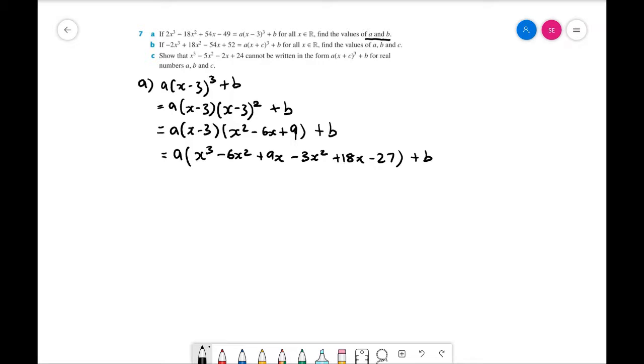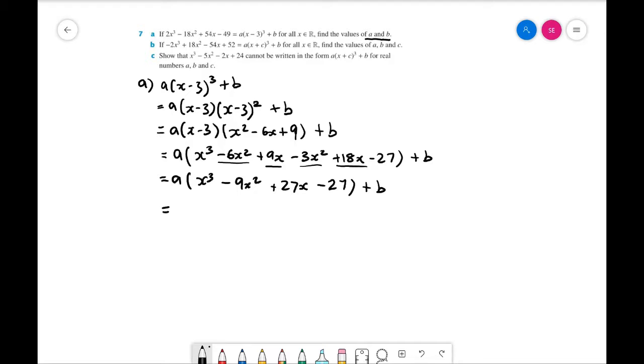Awesome. Now, first of all, we should group the like terms. So we've got x cubed, and then these ones here will come together, so we've got minus 9x squared. These ones will go together, so we've got plus 27x minus 27 plus b.